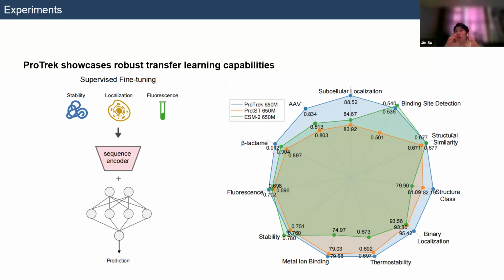I cannot tell exactly what factors impact the final performance, but I can say it's very hard to perform better in all tasks.